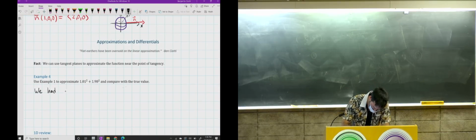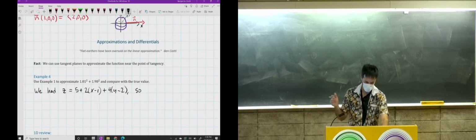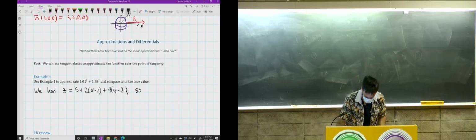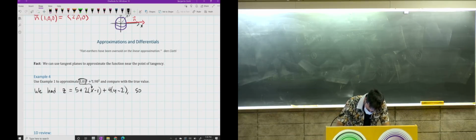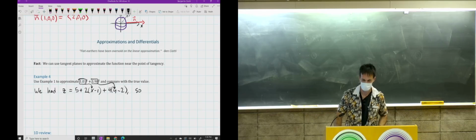It was z equals 5 plus 2(x minus 1) plus 4(y minus 2). So I'm just going to plug in 1.01 for x and 1.98 for y to obtain my approximation.